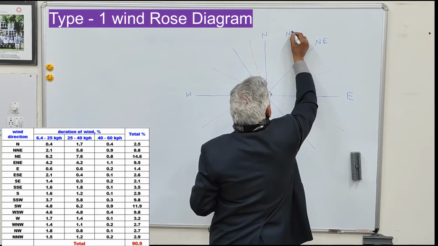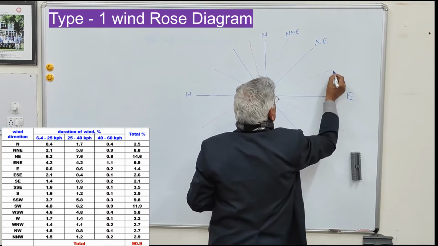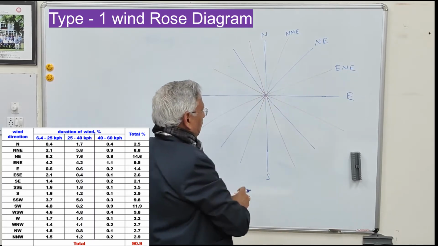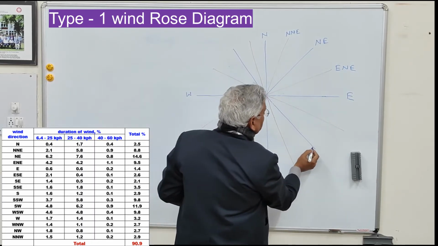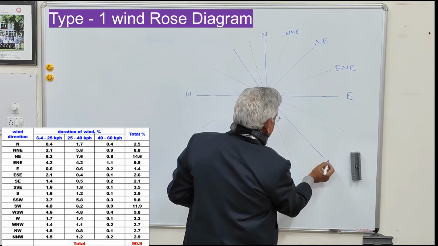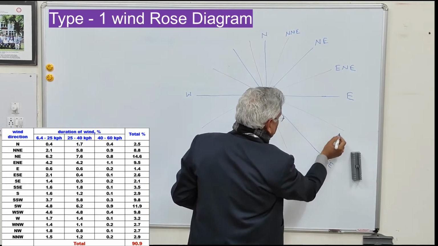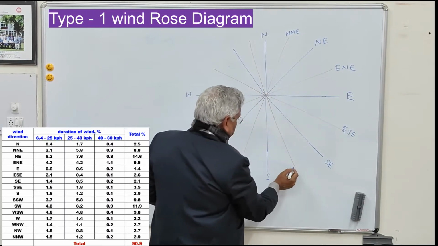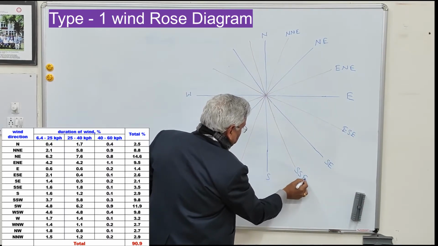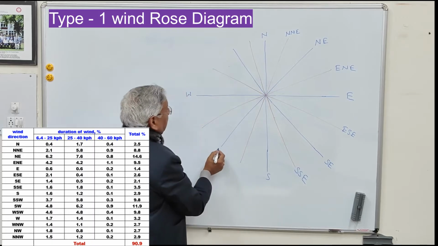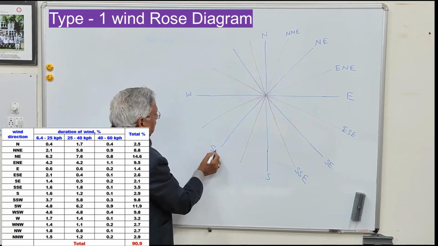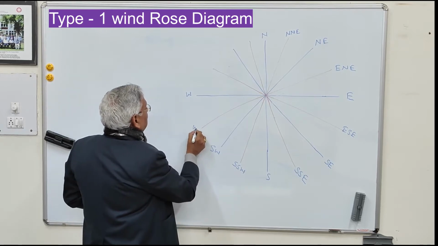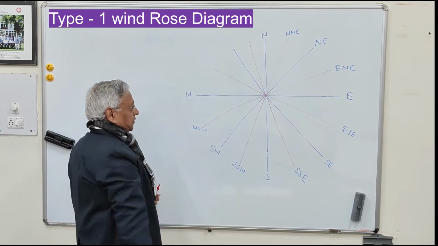This is north, northeast, east, northeast. And similarly, you can mark all the directions. Southeast, east, southeast, south, southeast, and this is southwest, south, southwest, west, southwest.